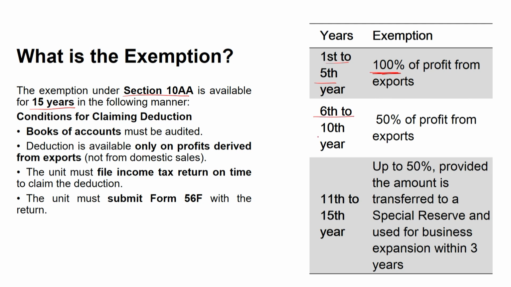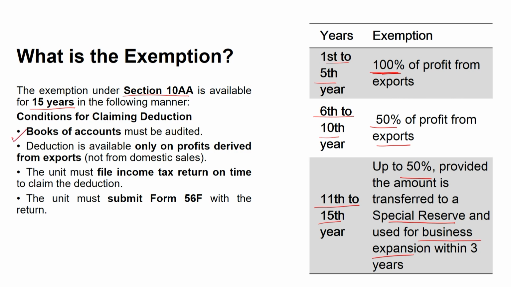Then from the 6th year to the 10th year, 50% of the profit is exempted from the export income, and from 11th to 15th year up to 50% of the income, provided that the amount is transferred to the special reserves of the company and used for the business expansion purpose within the 3 years of time span, is exempted from the taxes. So here you need to fulfill some conditions for claiming these deductions.